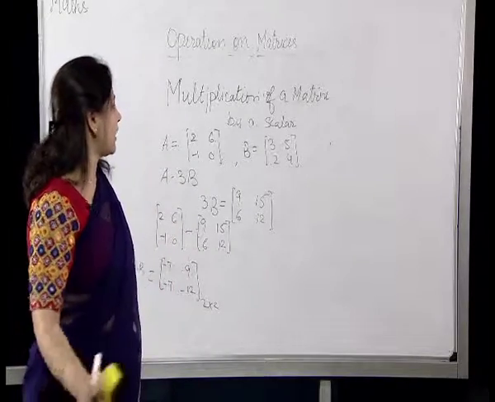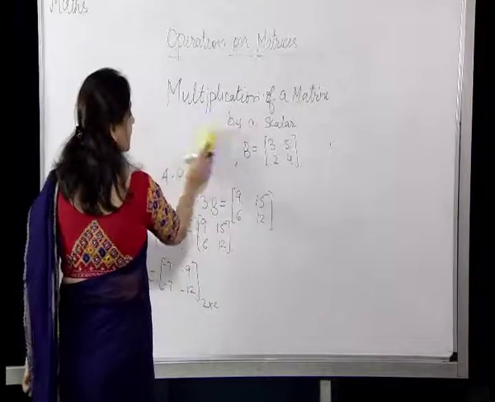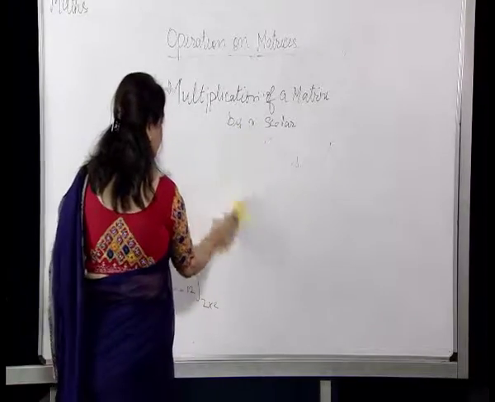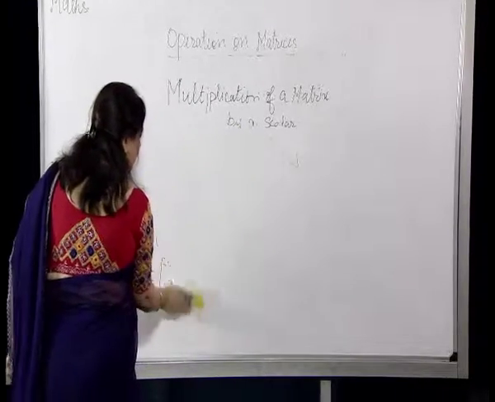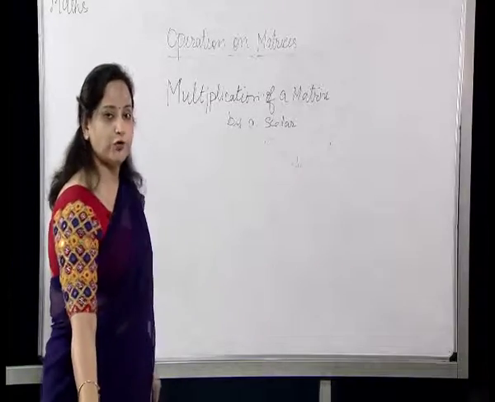Now, one of the important properties of addition is the commutative property of addition. We will check whether the matrix addition is commutative or not. I think all of you know what the commutative property of addition is.